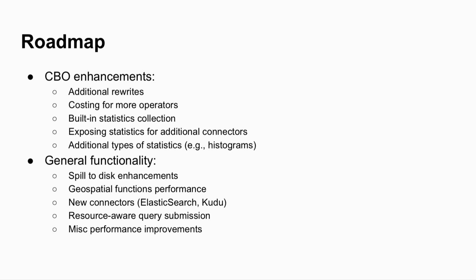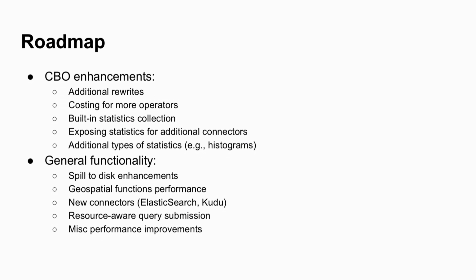Okay, and beyond CBO, there's a bunch of work in Presto itself. So we are enhancing spill-to-disk functionality in Presto, which already exists, but we want to make sure more operators support that functionality. The engineers at Facebook and Uber are optimizing geospatial functions, and we had a great talk right before this one about geospatial functionality.